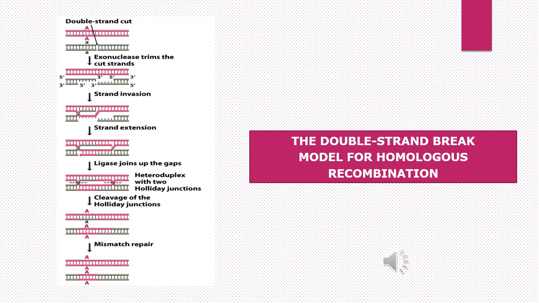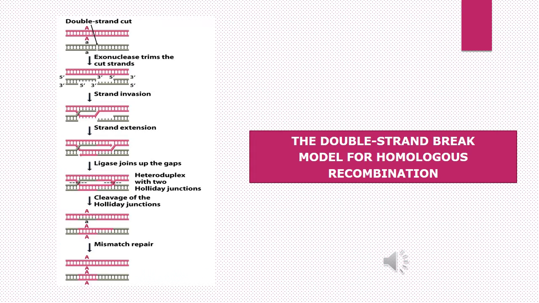After introduction of the double-stranded break, a DNA cleaving enzyme sequentially degrades the broken DNA molecule to generate regions of single-stranded DNA. The process in detail will be discussed in the next slide. This processing creates single-stranded extensions known as single-stranded DNA tails.